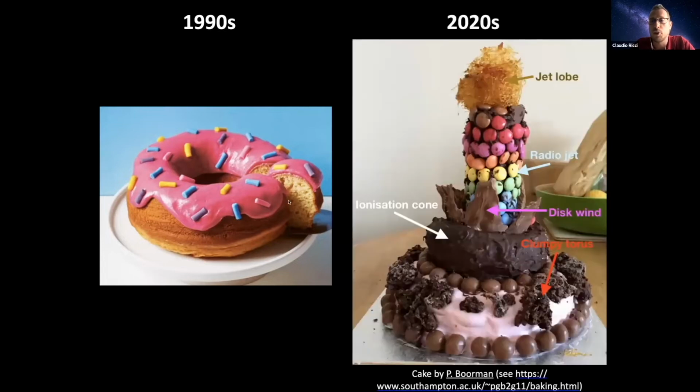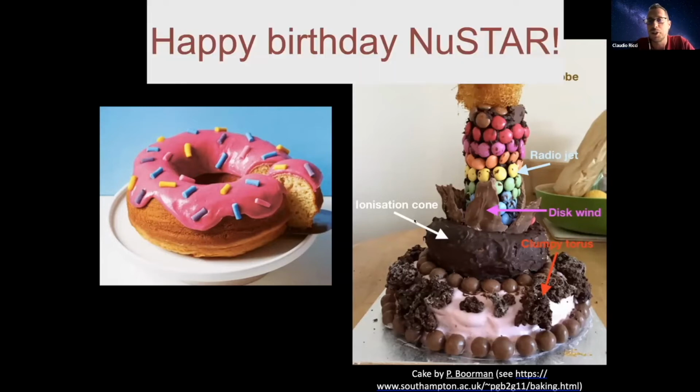And nowadays we know that this is actually a much more complicated cake, with things like clumpiness and disk winds playing a very strong role. And since we are talking about cakes, I take the occasion to say happy birthday, NuSTAR. And hopefully for the next birthday, Peter Burman can make a NuSTAR themed cake.